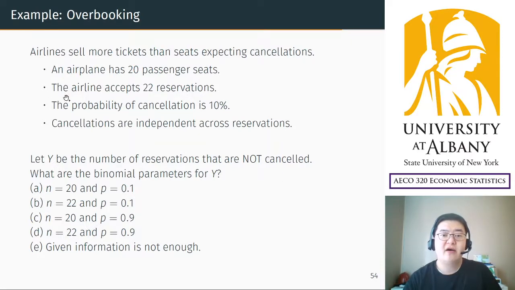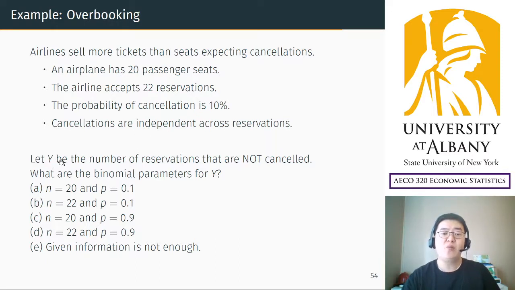Suppose that an airplane has 20 passenger seats only. Maybe you may generalize it to several hundred, but simply consider 20 seats. But the airline accepted 22 reservations, sold 22 reservations, oversold 2 tickets, and the probability of cancellation is 10%. And as usual, cancellations are independent.